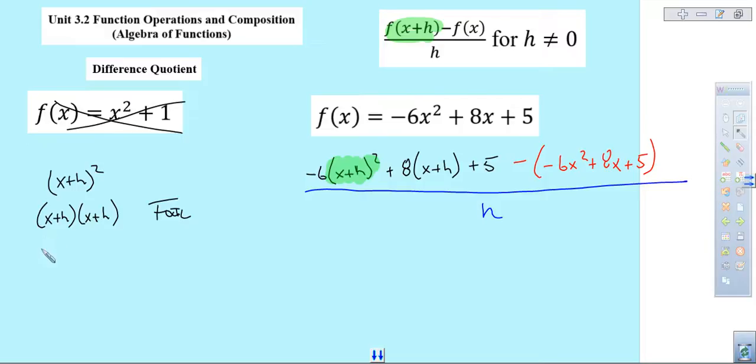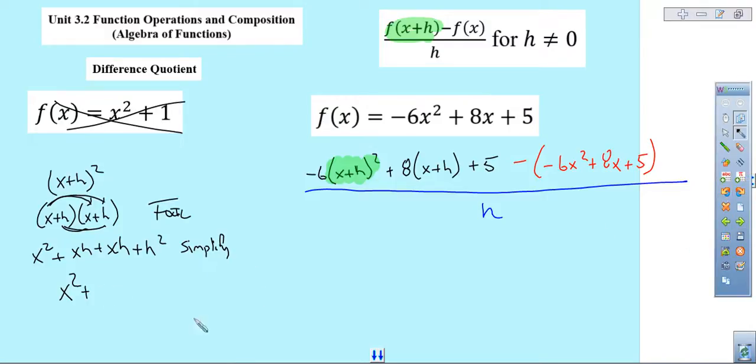We FOIL that together, we get x squared plus xh plus xh plus h squared. We simplify, that gives us x squared plus 2xh plus h squared.